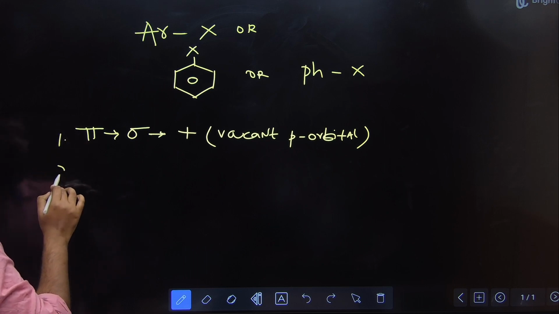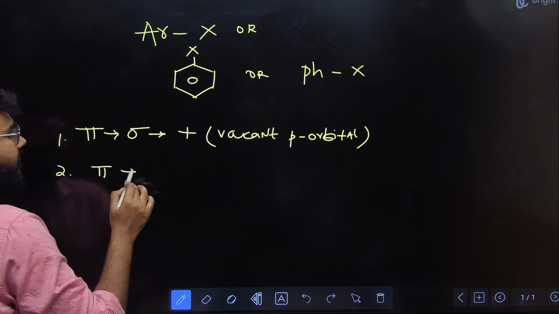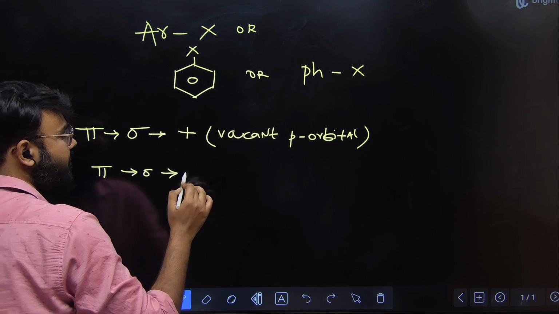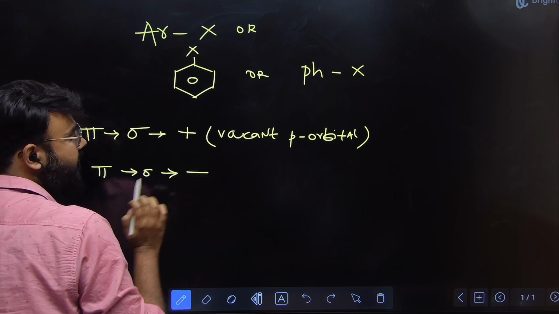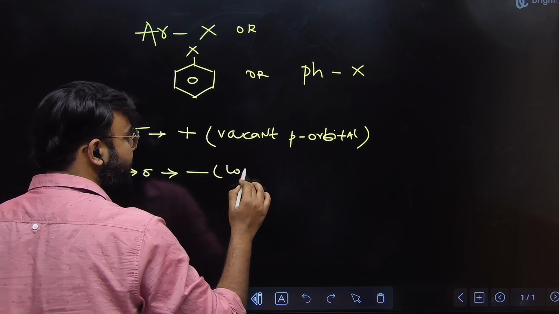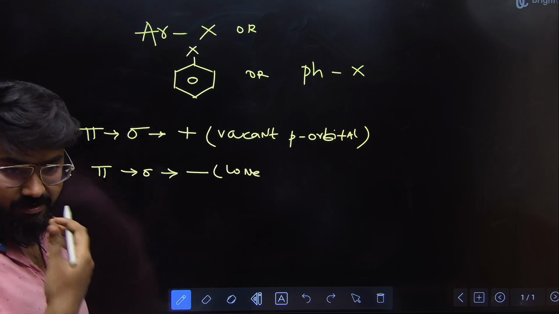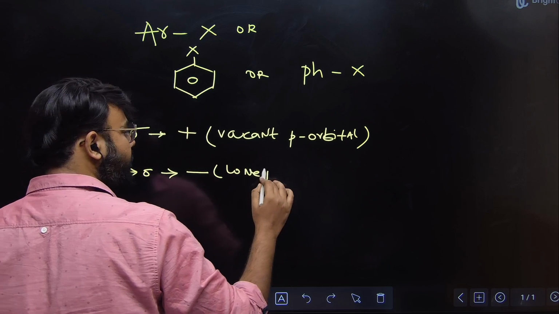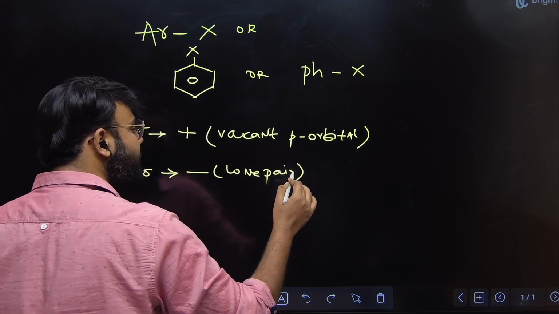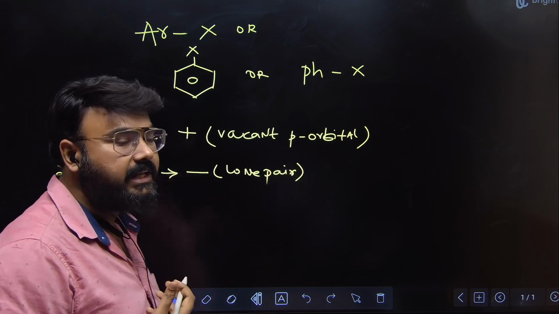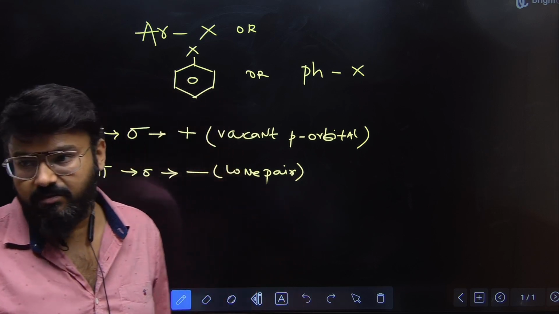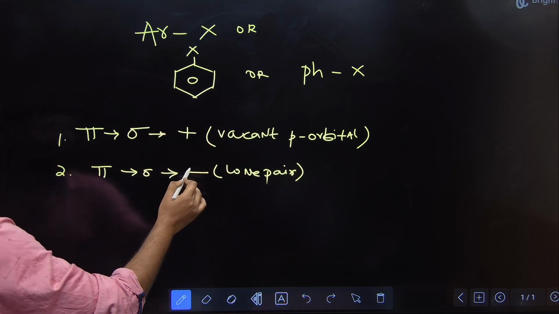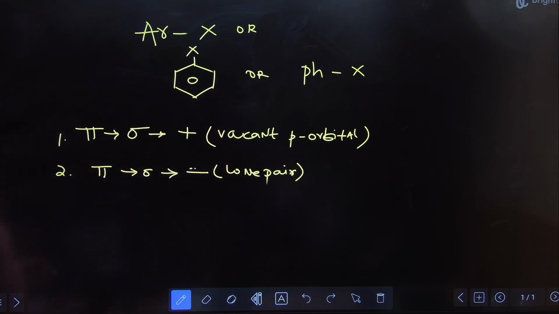This is one sequence. Another is pi, sigma, and a negative charge, or we can say lone pair. Negative charge means extra electron. Extra means lone pair. Lone pair means electrons not participating in the bond formation, right? They are extra. Clear?